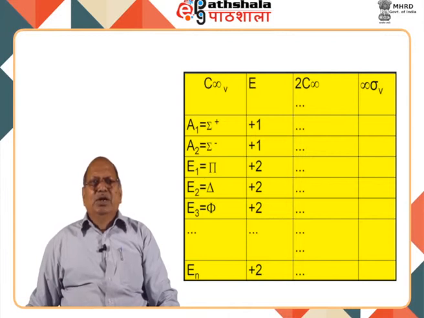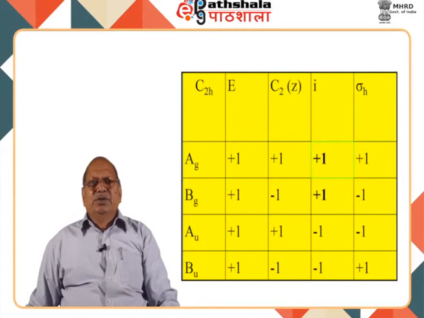Like this, we have up to En. So for linear molecules, the Mulliken notation is slightly different from the general point group systems.